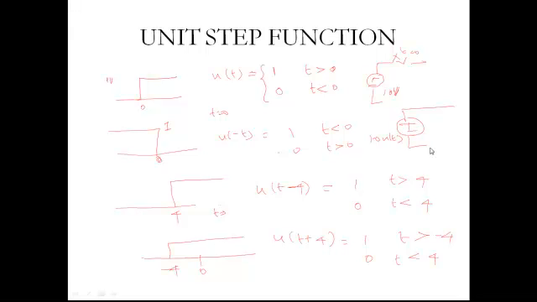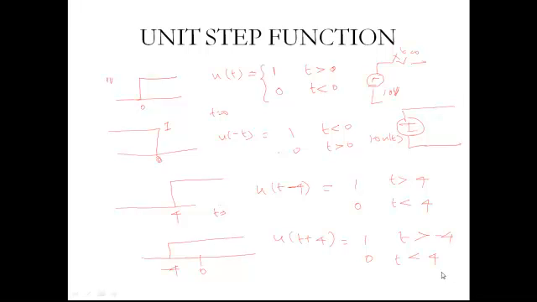At time t lesser than 0, this 10 volts will not be applied to the circuit, because the unit step function has the value 0. At time t greater than 0, this 10 volts will be applied. So instead of the switching, you can also use this unit step function. In that case, your output is called the step response.